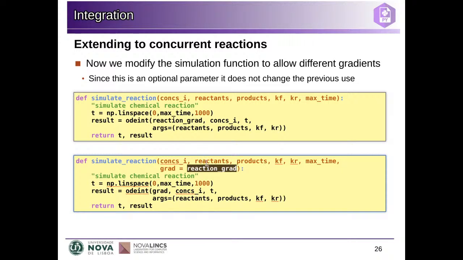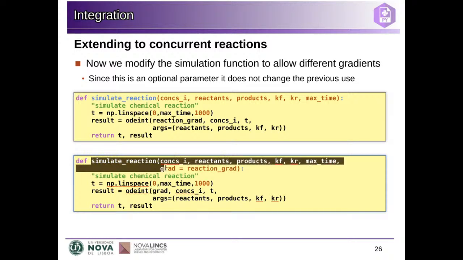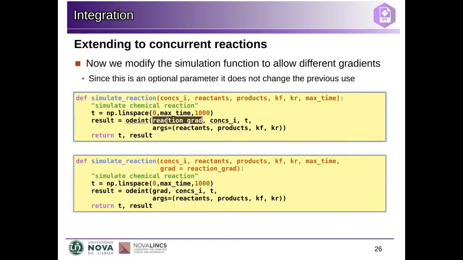So this function being called with only these parameters will still use the original reaction grad function. So it will work as we originally implemented it. But we have the option of changing the function that computes the derivatives. And if we do that, it will use whatever function we give.